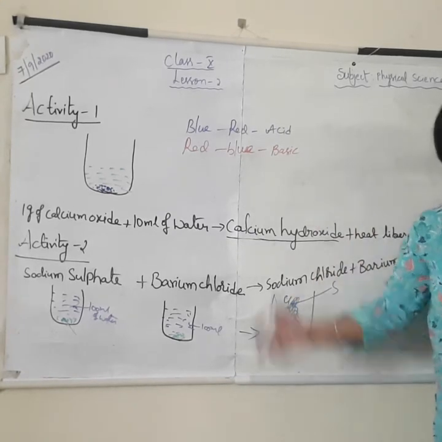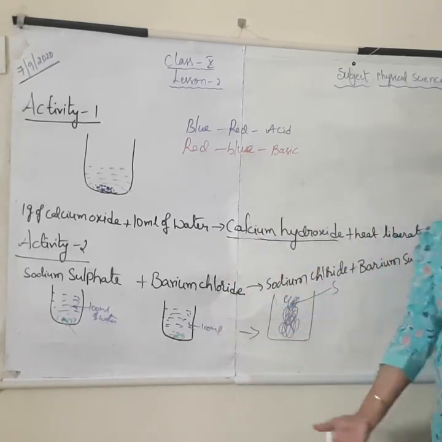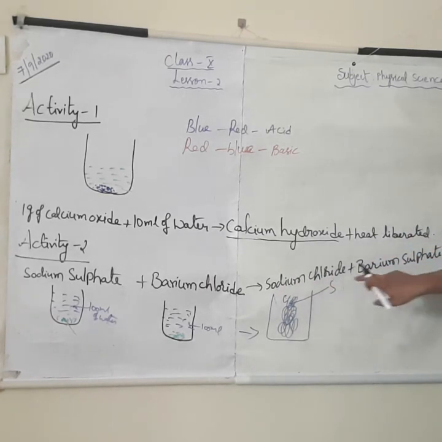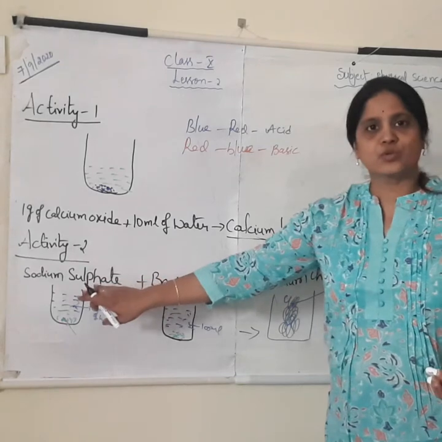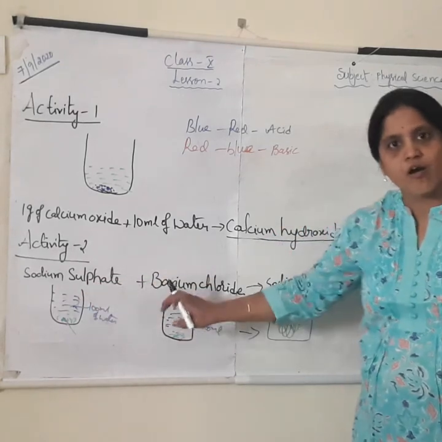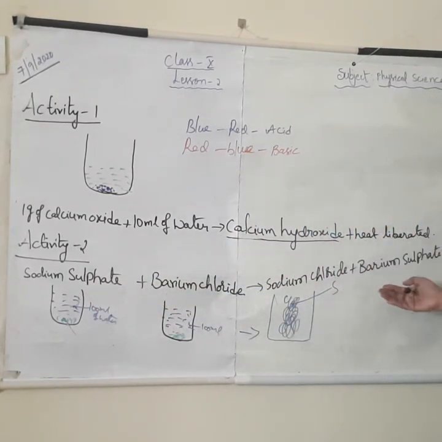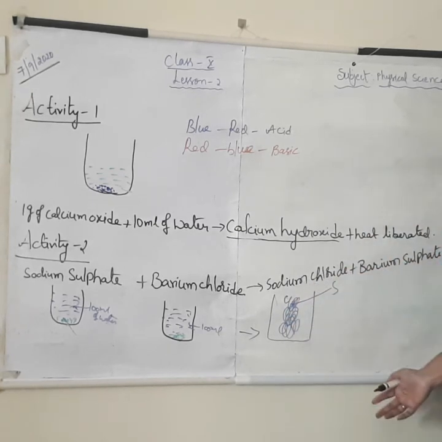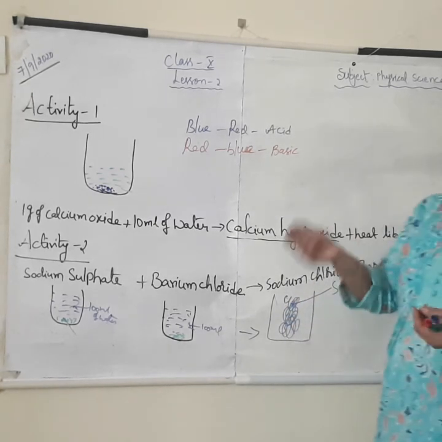It is white in color. That is because of the formation of the new substances sodium chloride and barium sulfate. Okay, here when you take the 2 colorless solutions, after the reaction you get a white color solution. You are getting a new substance. Now, third activity.